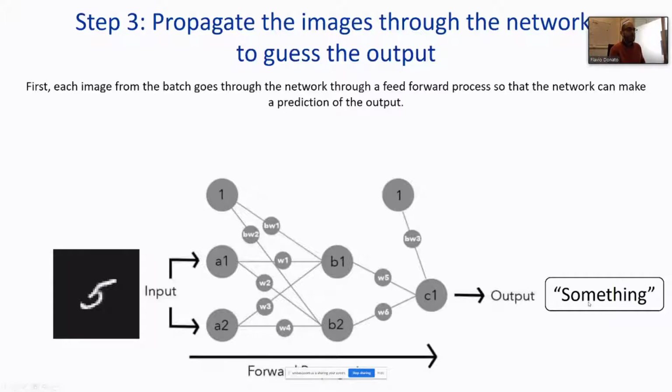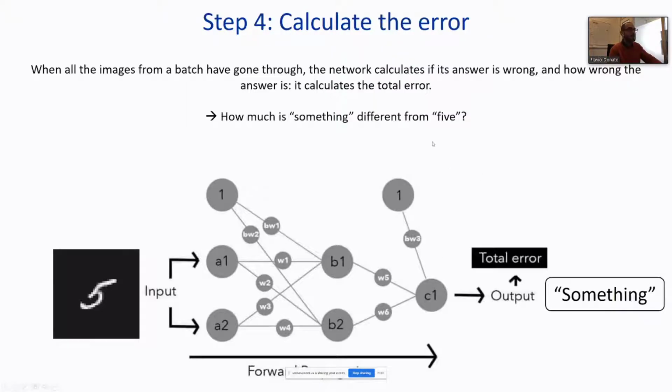The important point is that at that point, since the network knows, because we gave the label associated with this image, what it should output, the network can calculate how much its answer is different from 5, which is the label that we had assigned to the original image. It can make a calculation, because both these labels are expressed numerically, to say, I am mistaken.